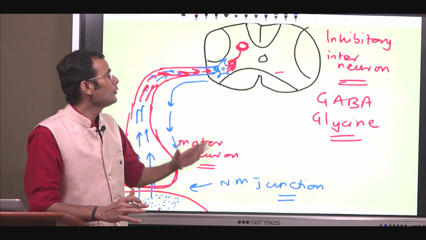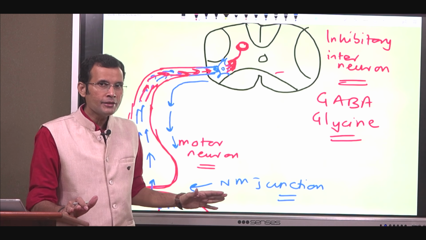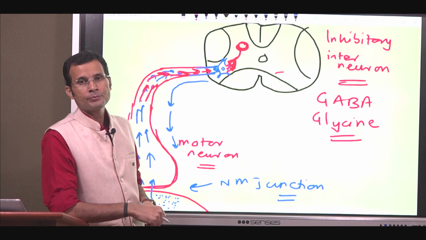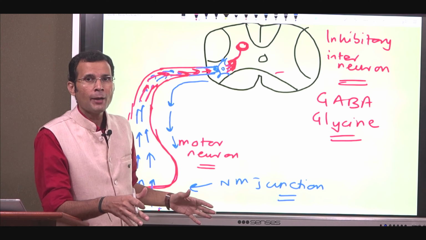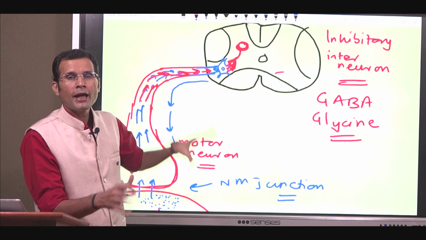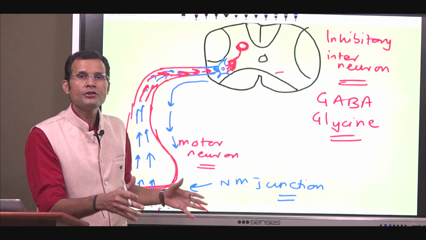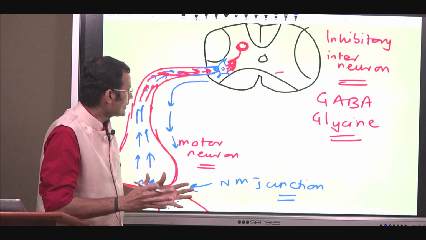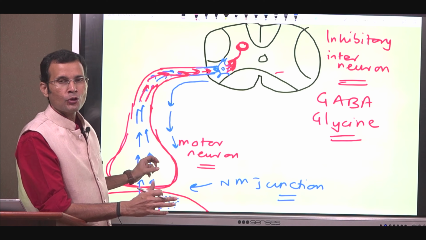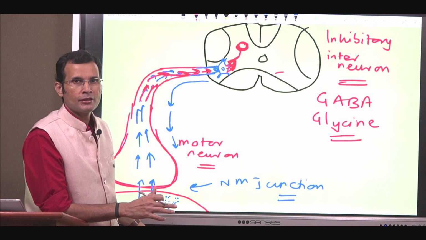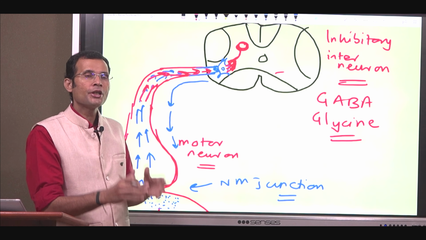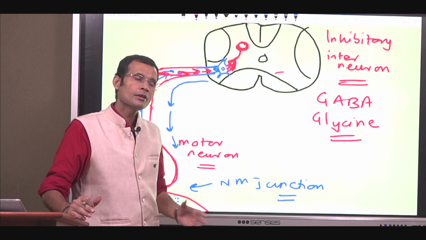If inhibitory neurotransmitters are not released because of the tetanus bacillus, what is going to happen? Motor neuron activity cannot be kept in check now, and therefore there will be excessive signaling from the motor neuron going to the skeletal muscle, resulting in excessive spasmodic contraction of the skeletal muscle.